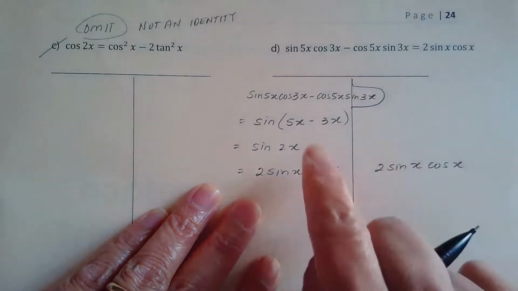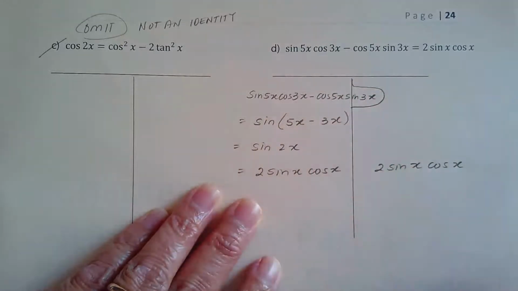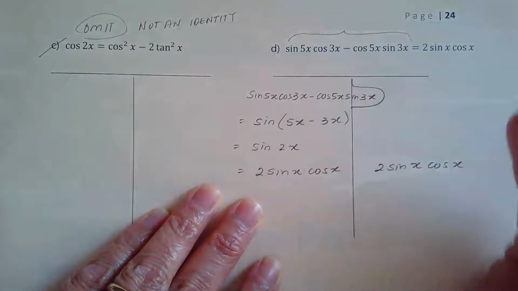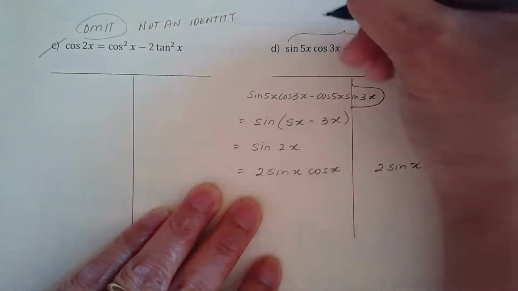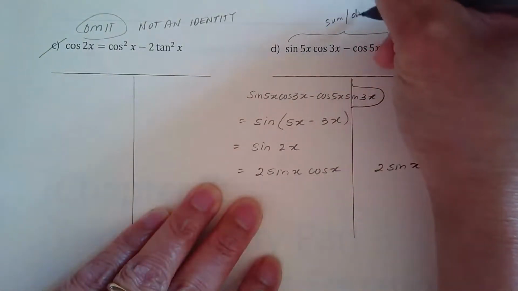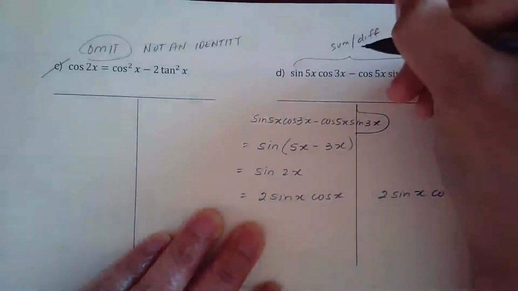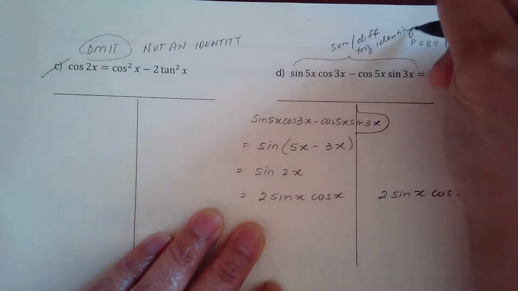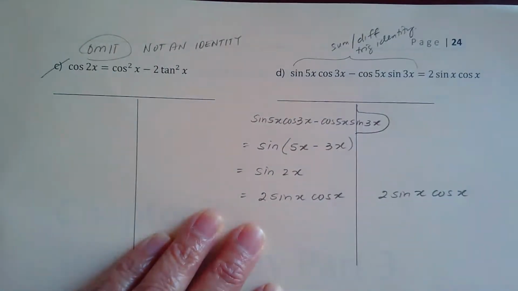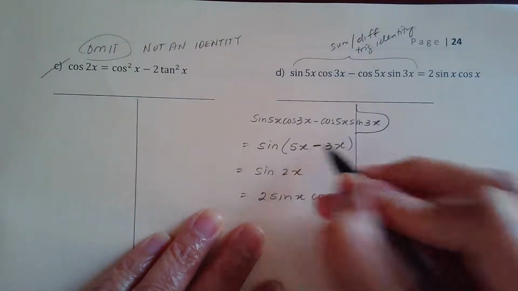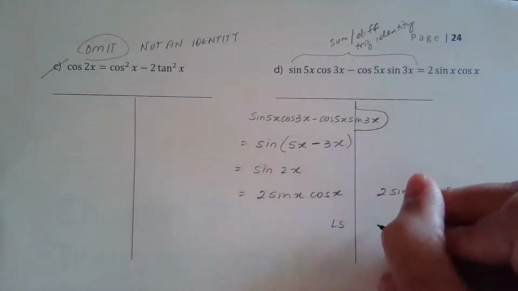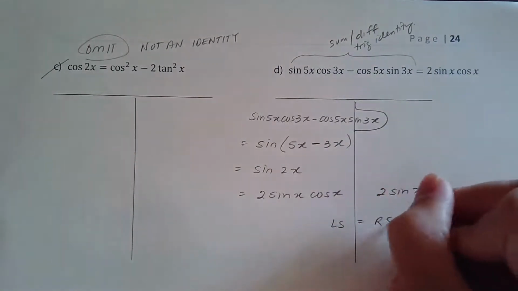So this is really not so bad. We just have to realize that this is the sum-difference trig identity, and in this particular case, it's the difference. So the left side is equal to the right side.